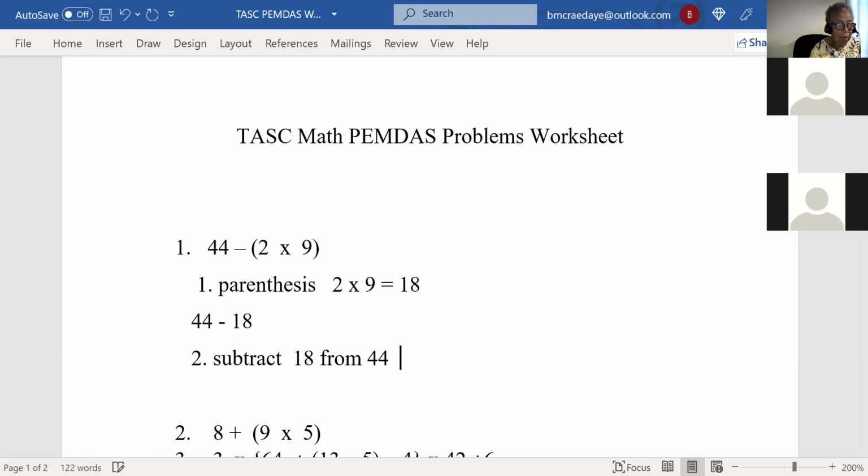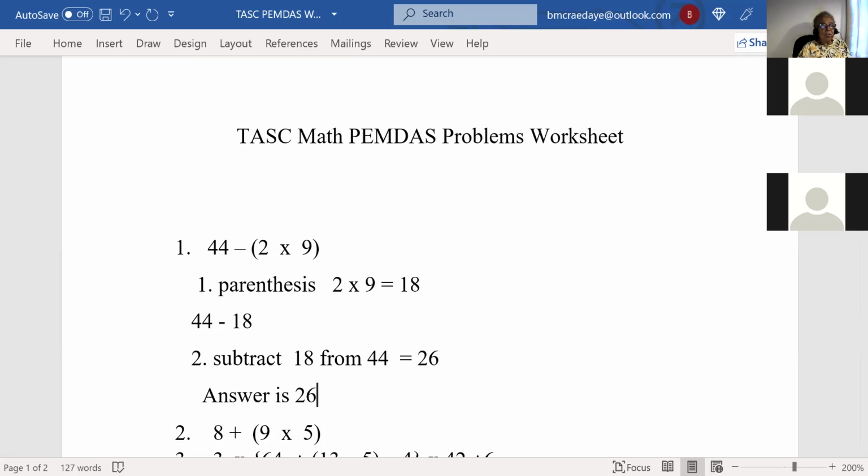And that would be equal to what? 18 from 44 is what? 26. 26. Okay, so this one, our answer is 26.